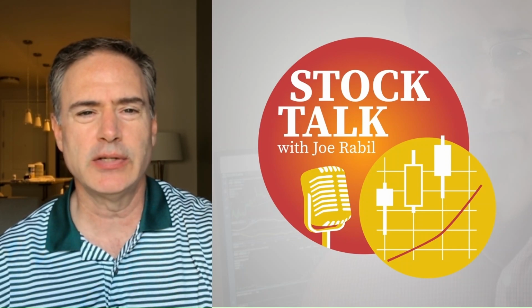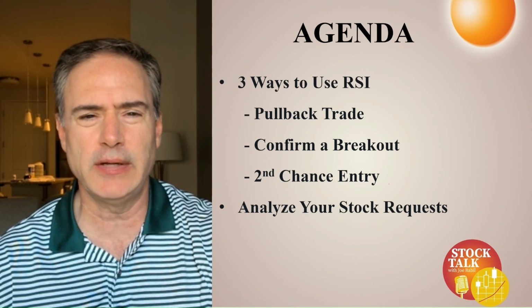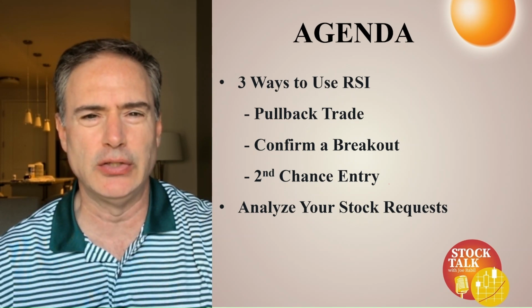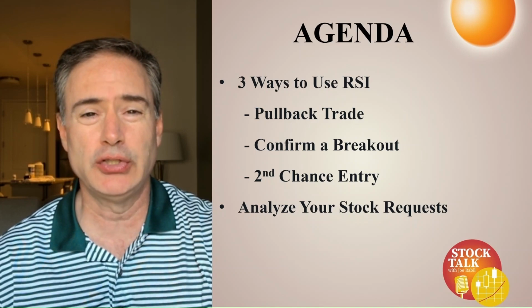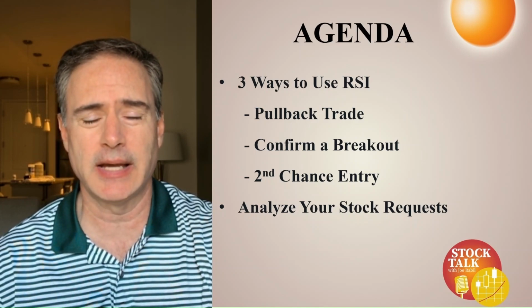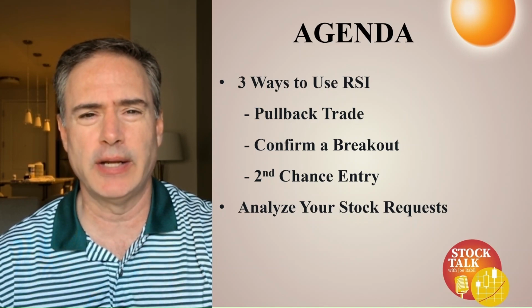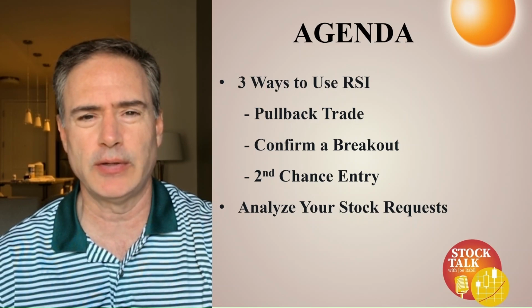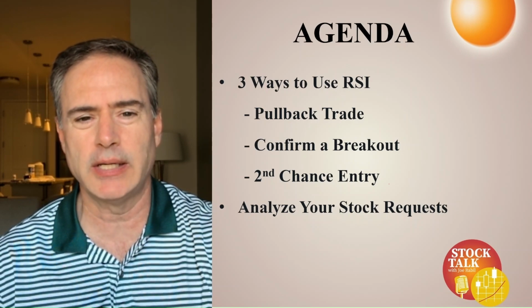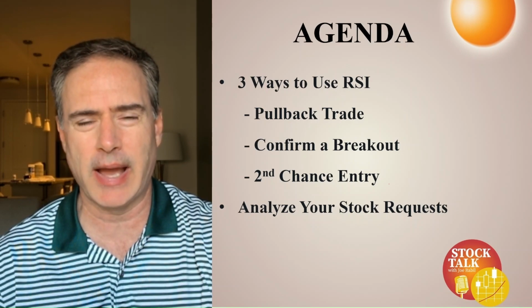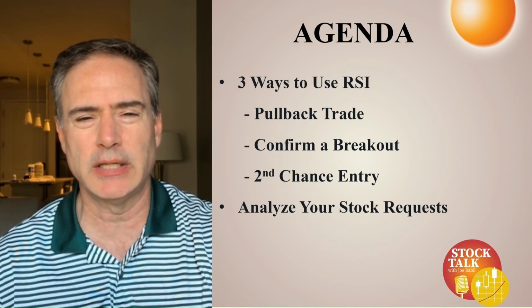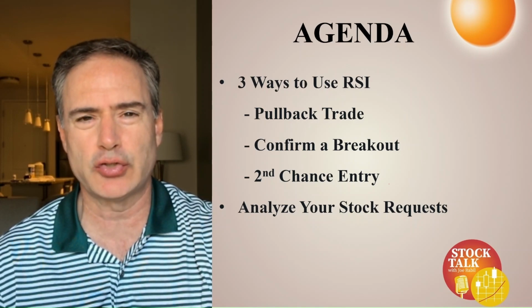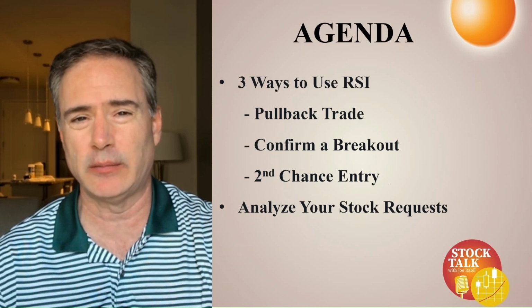So let's look at the agenda. The three different ways I would look at using RSI in addition to or in conjunction with MACD and ADX. First is the pullback trade. I've got three different examples in three different stocks. I'm going to confirm a breakout pattern, which I think is important at times, especially when the market is not quite as strong or maybe showing a lot of failed breakouts.